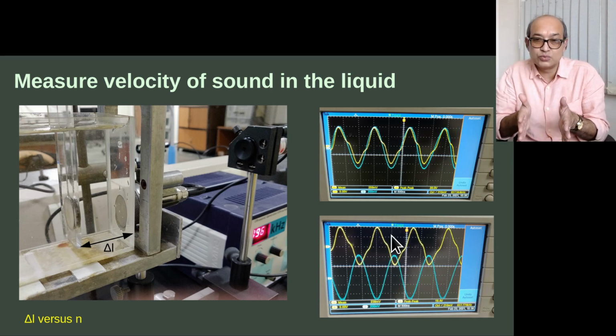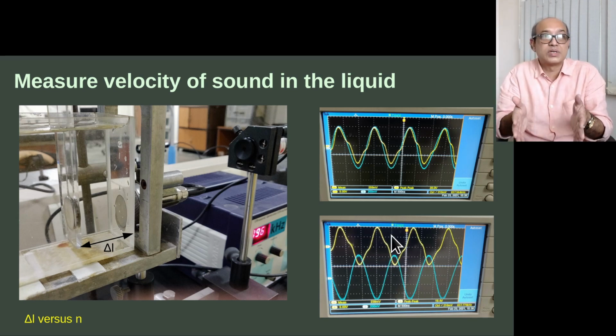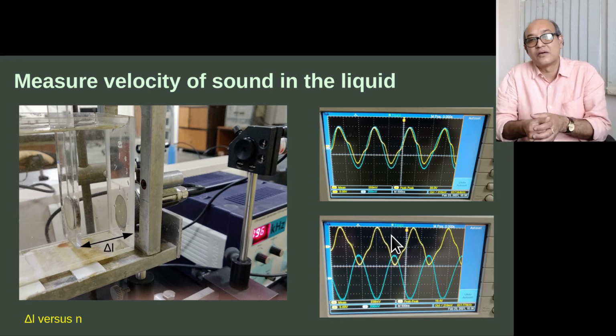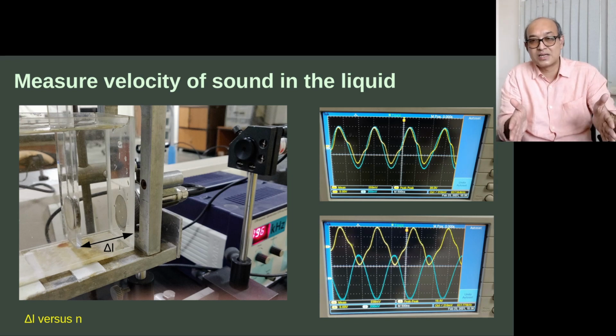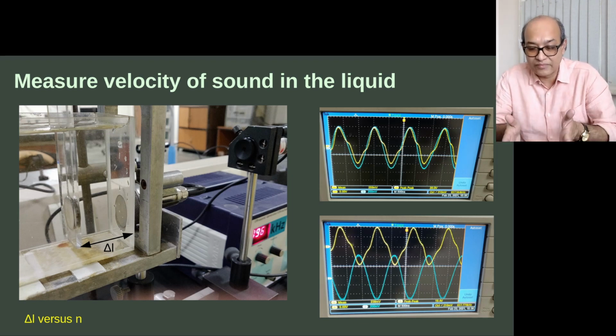Once you count, let's say n equal to 10 or 20 or 30, from the length that is required to have n crossings, you can easily find out the wavelength of the ultrasound.